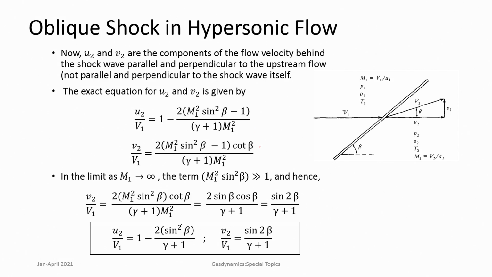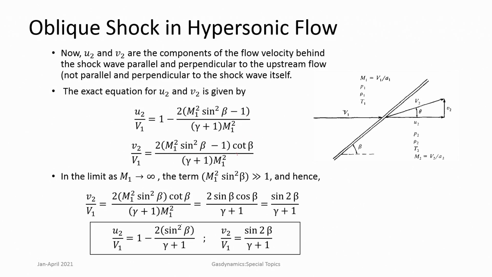Why this is done is that most of the calculations for forces are with respect to the free stream. Therefore, it is good to know what happens to velocities parallel and perpendicular to the free stream after the shock. This is just a transformation of the velocity vector into another coordinate system.